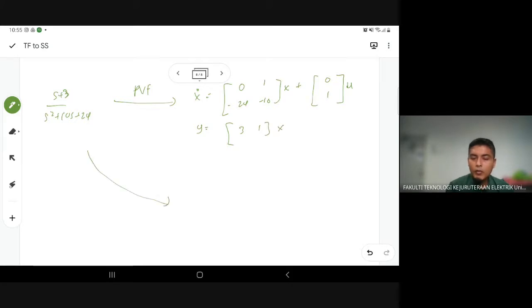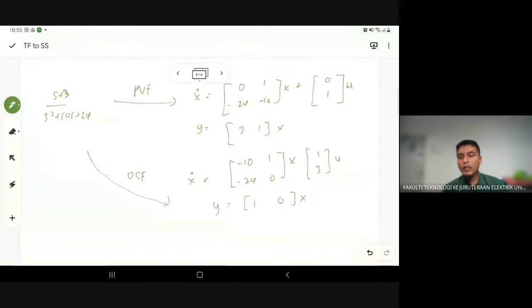If you convert to the OCF, you got this one. So you can see that you also can convert from the OCF based on the PVF structure.